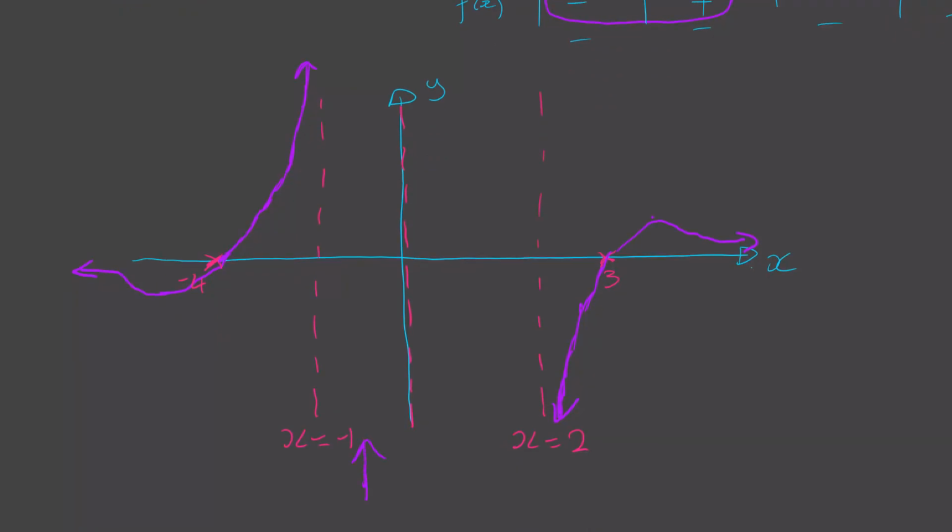It's always negative, so it must come in, take some sort of maximum here, and then go back out. And then in this region here, the graph is always positive, so it must do something of a similar nature, except having a minimum value. So this is what the graph should look like.